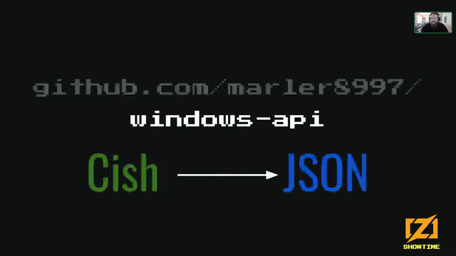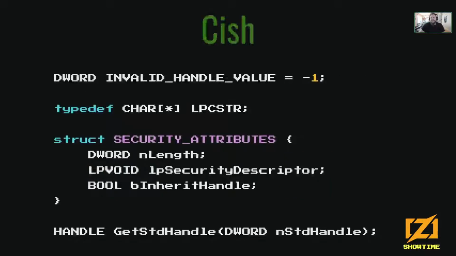And what I ended up doing was a combination of automation and manual, and I came up with this new format I called C-ish. So the C-ish format looks like C, and the idea behind it was you would take the C code in the Windows header files and copy it manually, and then just add some tweaks to it.